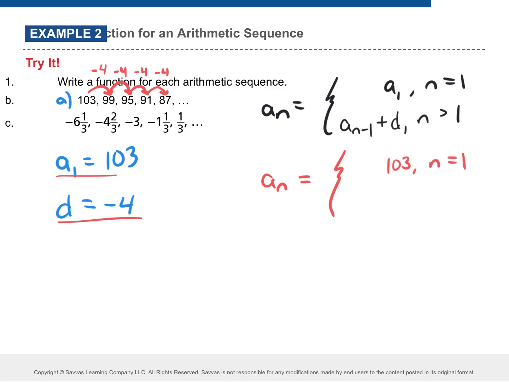Do I plug anything in for this? No, that's a_(n-1). What do I put in for plus d? Yep, minus 4 for all the n values greater than 1. So all I did there was I took the sequence and I found my a1 and I found my common difference. Then I just plugged them in to where they go in the recursive formula.